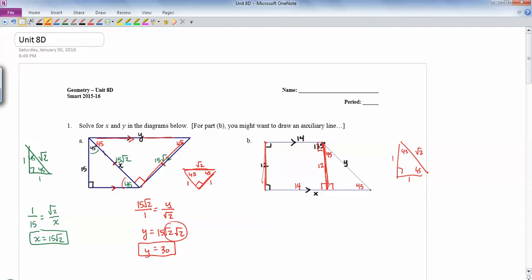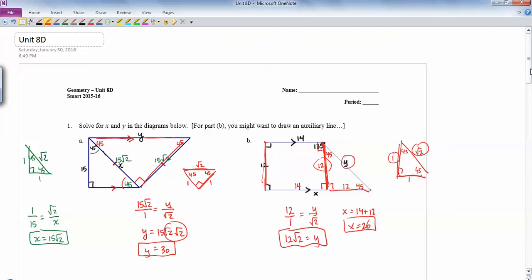So then notice the 12 here is like the 1 there, and the y is like the root 2, so I can set up a proportion. 12 over 1 equals y over root 2, and then when I cross multiply, I get 12 root 2 equals y. Well, notice the 1 and the 1 are the same, so this side is going to have to be the same as that side. So this part is 12. X is the whole base. So x is just 14 plus 12. So x is going to be 26.